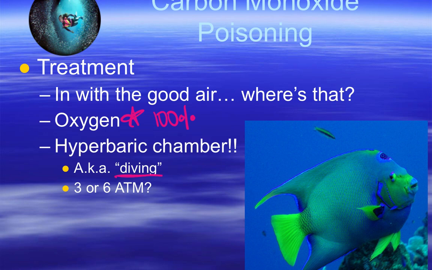Also ironically called diving, because we're going to increase the pressure from 3 to 6 ATMs. This would have to be a very severe case for 6 ATMs, right? Because when we're diving in an HBO chamber, it's going to force all that oxygen that it can onto the hemoglobin. So severe cases, hyperbaric chamber. Make sure that you know what you are using to test for carbon monoxide poisoning.